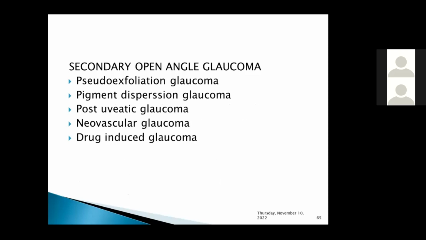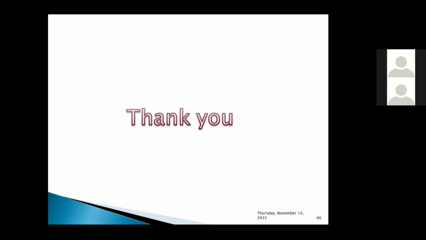The Jimma study even showed that exfoliation glaucoma has a higher rate of prevalence than even primary open angle glaucoma. But generally, primary open angle glaucoma is the commonest for your exam. The second commonest is primary angle closure glaucoma. Then the secondary glaucomas come.